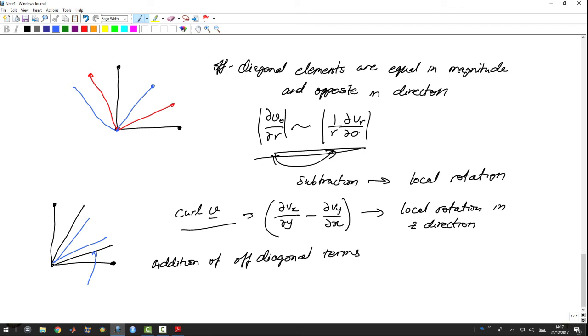Both of the material fibers are moving closer, and so this is shear deformation. Therefore, if they are equal and opposite, then addition of off diagonal terms will give us deformation. And that is what we can see when we look at the velocity gradient.